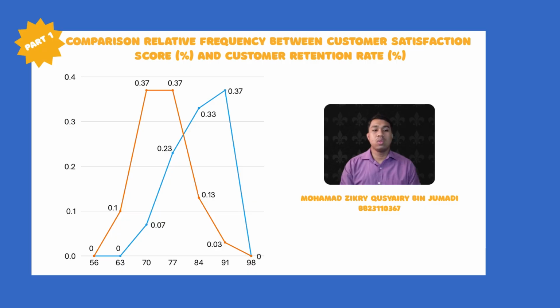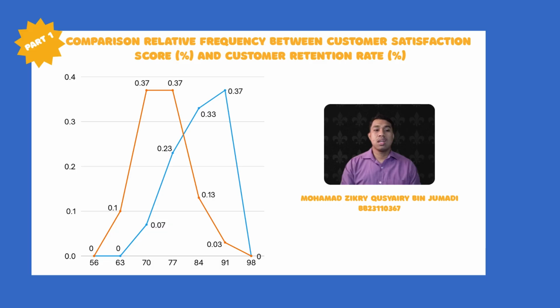But then, if we look at the blue line representing customer satisfaction score, we can see much more movement. It fluctuates quite a bit, going through noticeable highs and lows. Besides that, those two lines do not always move together. There are periods where satisfaction drops, but retention holds steady or even increases.